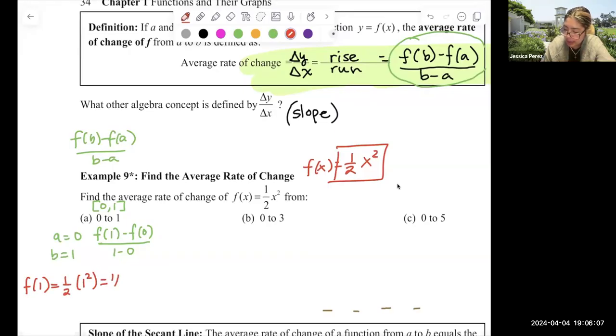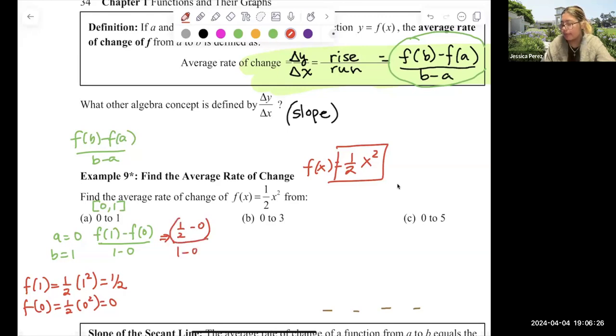So that's 1/2. f of 0, I'm going slow, is 1/2 times 0 squared, which is 0. So then when I substitute f of 1 and f of 0, I have 1/2 minus 0 all over 1 minus 0. And that's going to give me 1/2 divided by 1, which is the same as 1/2. So the average rate of change of the first one is 1/2.